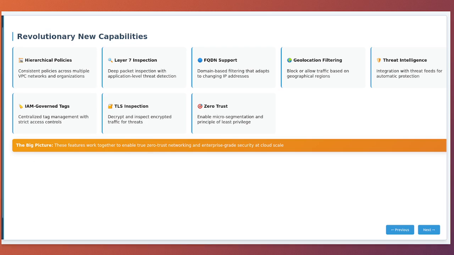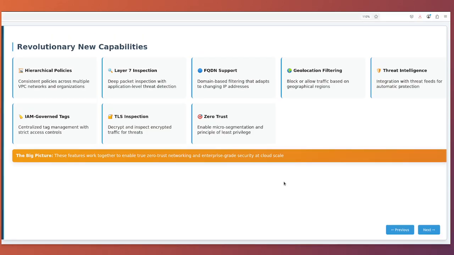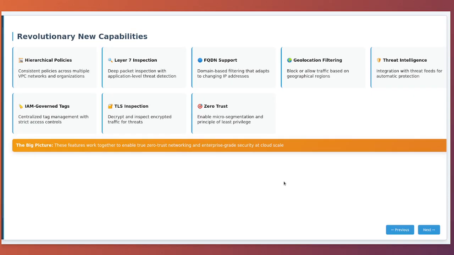Geolocation filtering allows you to block or allow traffic based on geographical regions, useful for compliance requirements or threat mitigation from specific countries. Threat intelligence integration automatically updates your firewall with current threat feeds, blocking known malicious IP addresses and domains without manual updates.